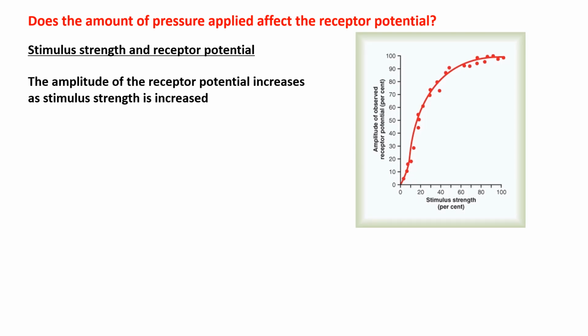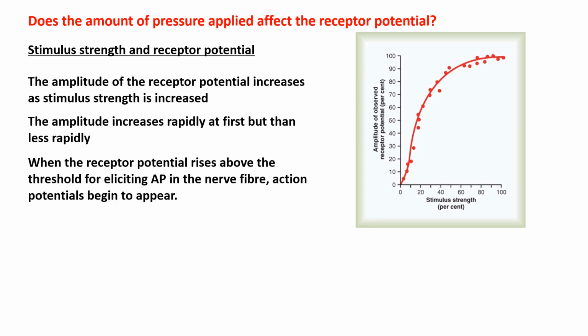As you can see, as the stimulus strength increases from 0 to 100, the amplitude of the receptor potential also increases. Of course, it plateaus later on at higher stimulus strength. But nevertheless, the relationship is that it increases with the stimulus strength. It increases rapidly at first, as you can see, but then less rapidly.